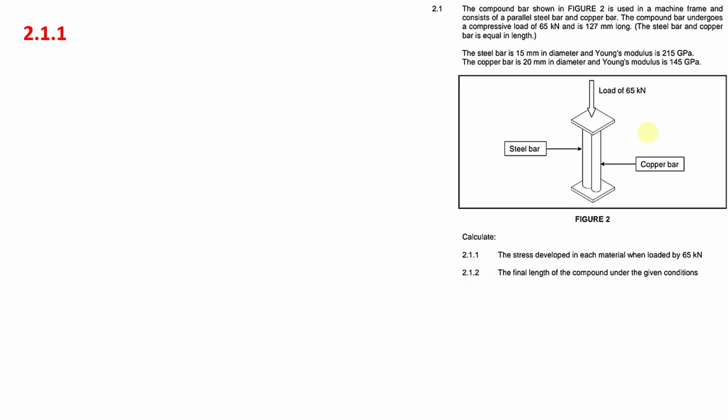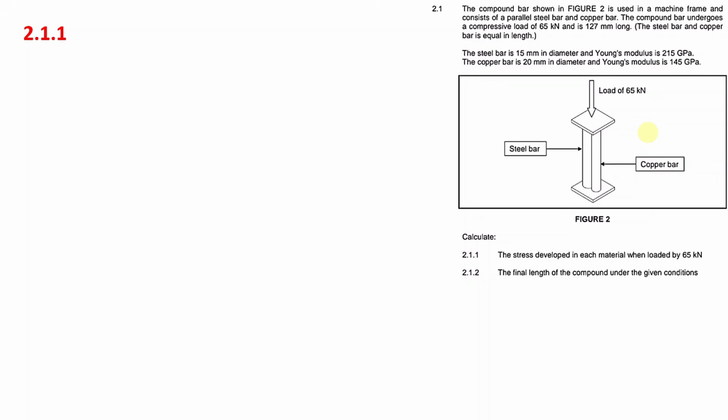But when you sum what they carry together, that is 65 kilonewtons. Think of it as two people lifting a table. You cannot say that they are each lifting the total weight of the table. They are each lifting a percentage of the weight in such a way that when you sum what this one is taking and what that one is taking, you get the total weight of the table. I hope it is making sense.